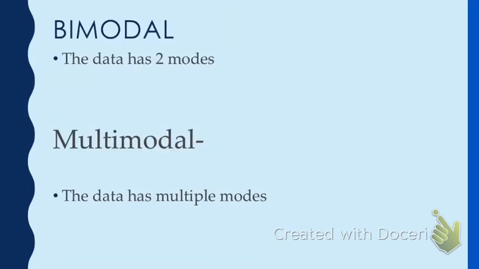So when I talk about things that are bimodal and multimodal, you can see from the pictures that you've been given, if something is bimodal, that means it has two modes, or two instances where it has the highest frequency.